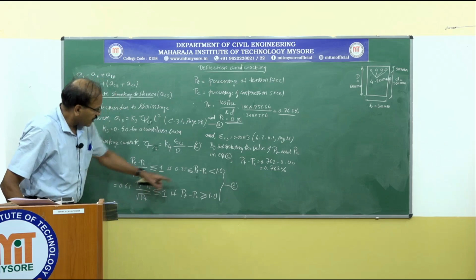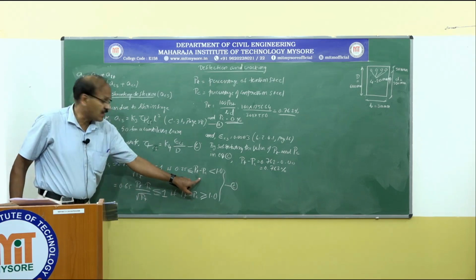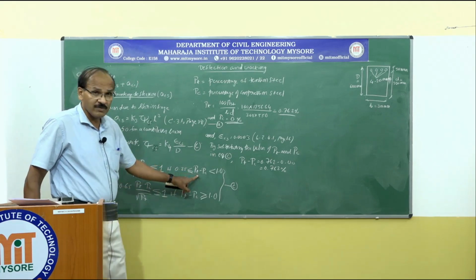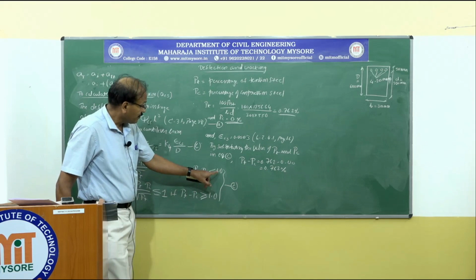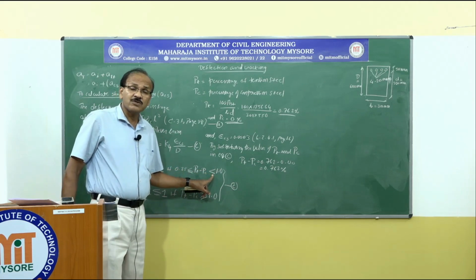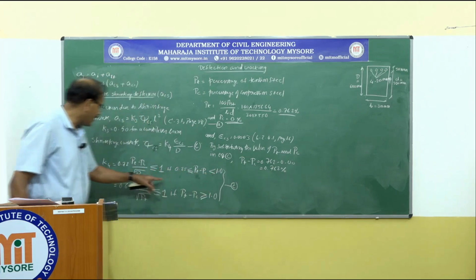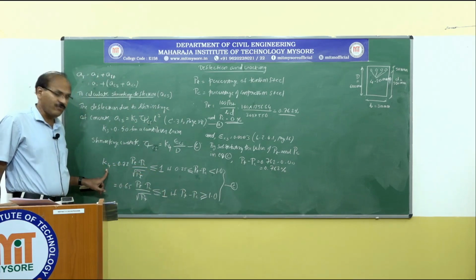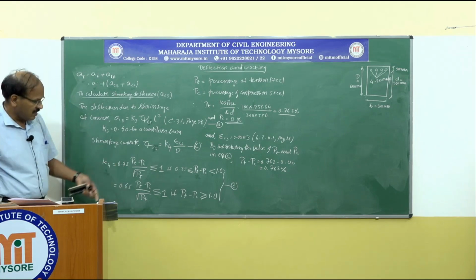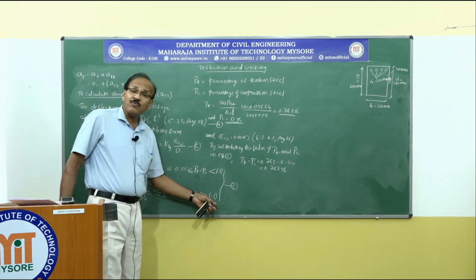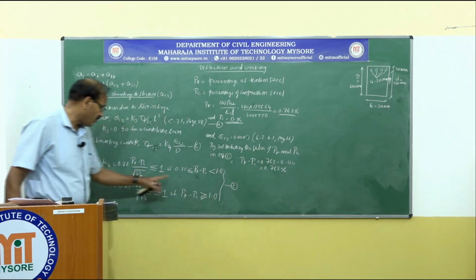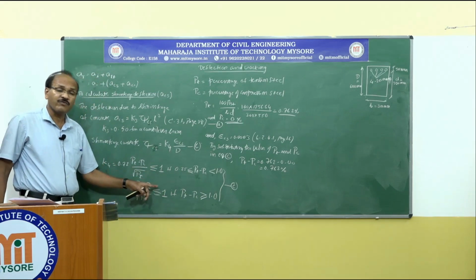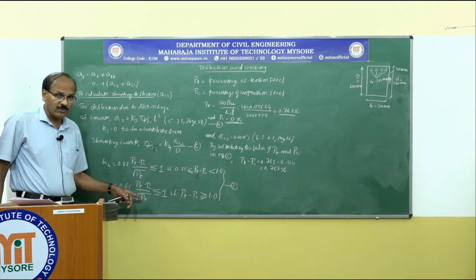So 0.25 is less than 0.762, and 0.762 is less than 1. So I can make use of this equation to find the value of K4. In case it was greater than or equal to 1, I would have used the other formula to find K4.